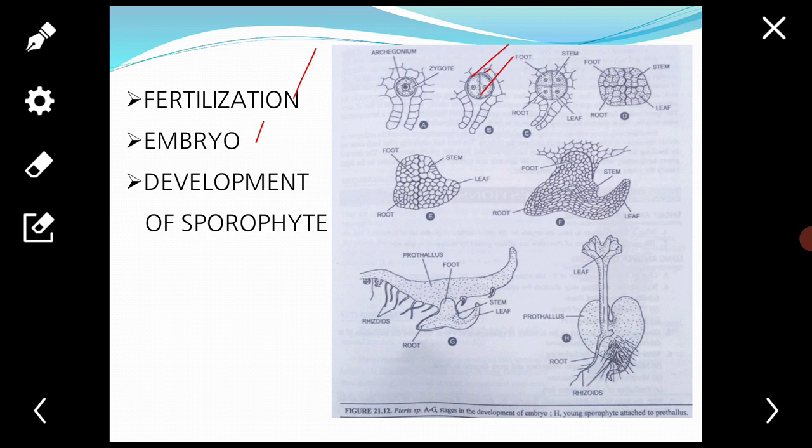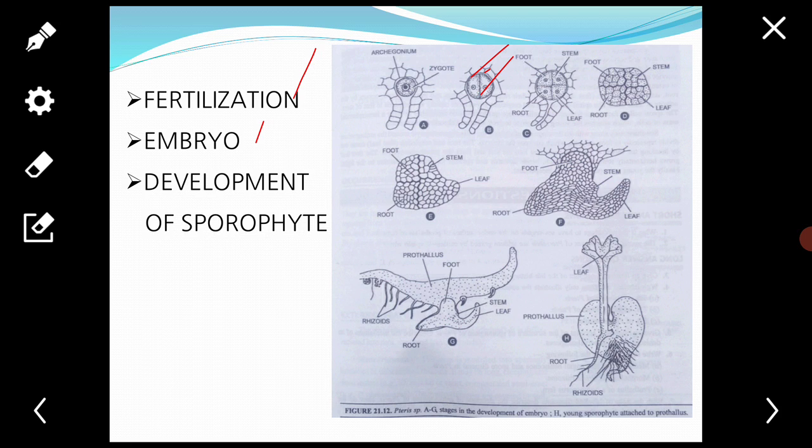The two outer anterior cells of the octant near the archegonial neck form the cotyledons, whereas the other two anterior cells towards the base of the archegonium produce the shoot apex.